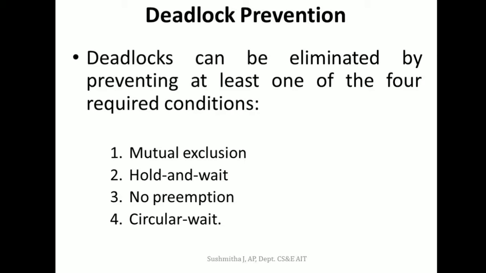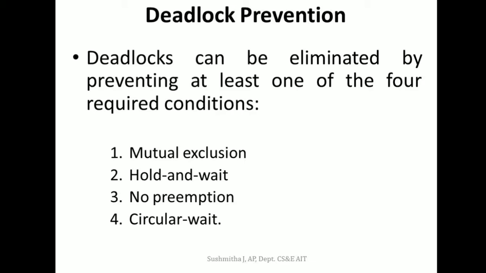If you remember, in the last class we had discussed the 4 necessary conditions on which, when satisfied, there could be a deadlock. So here we have a strategy for prevention. By eliminating one of the conditions, there is a possibility that we prevent the deadlock.